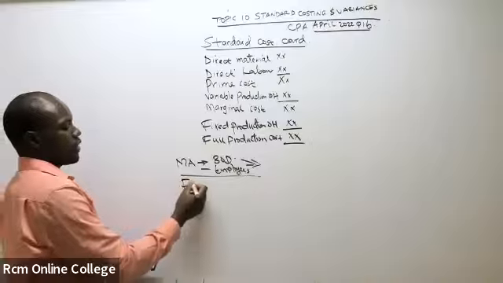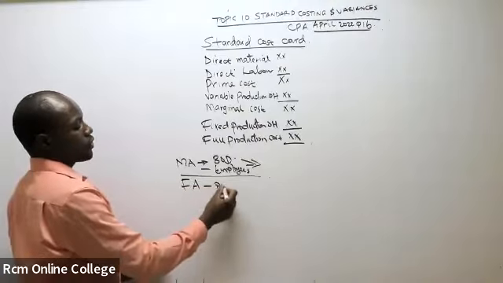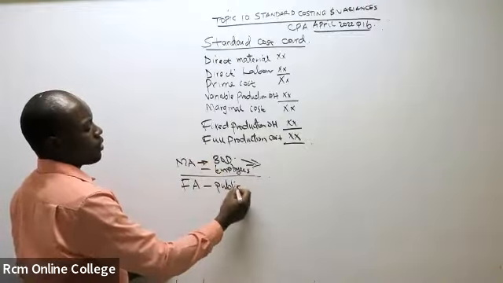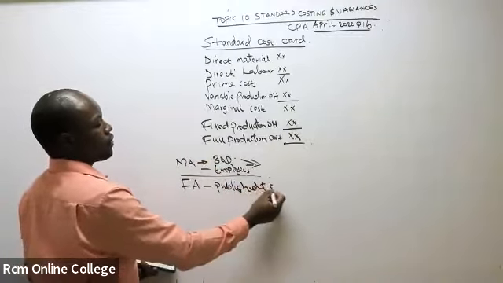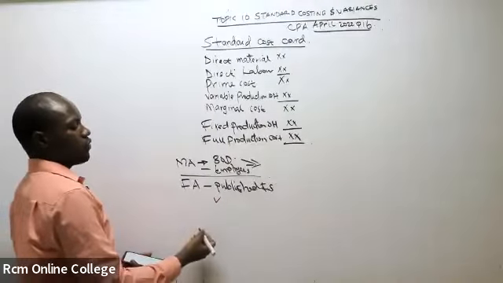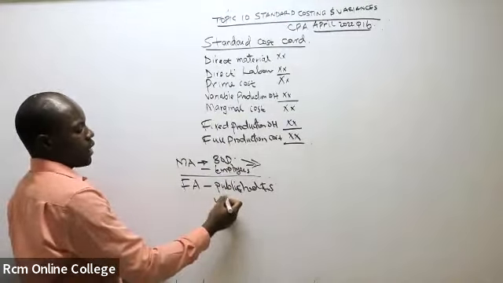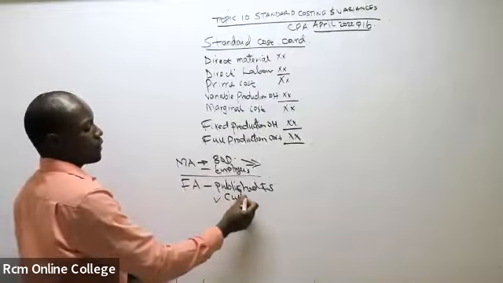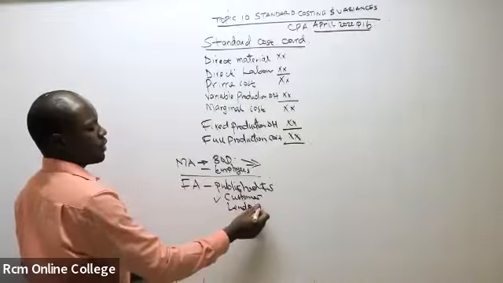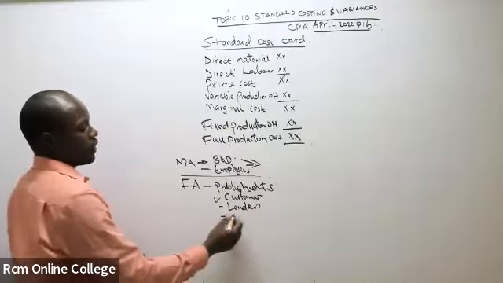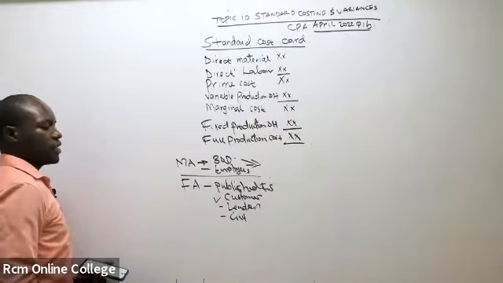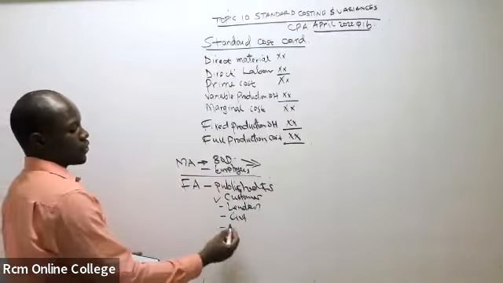What about financial accounting reports? If they are a public company, they normally publish financial statements. The published financial statements are normally published for use by customers. We have lenders. We have government for taxation and control of activities taking place within the organization.